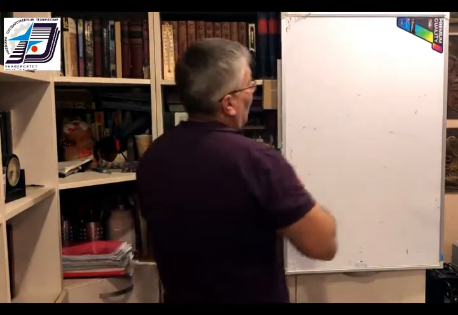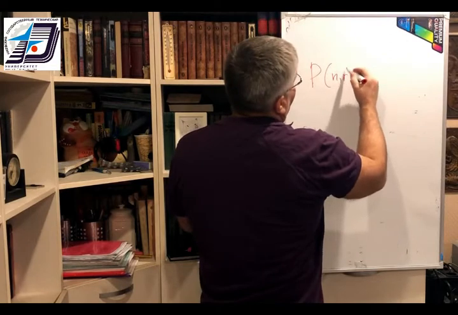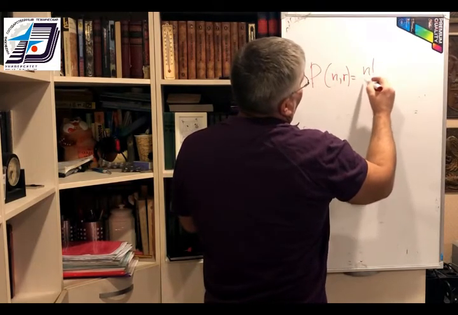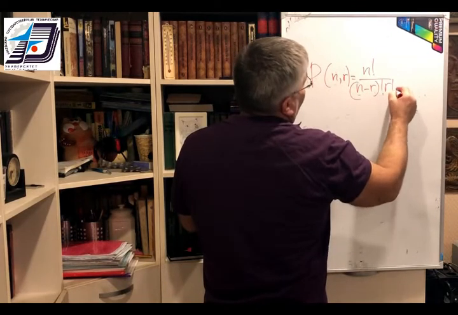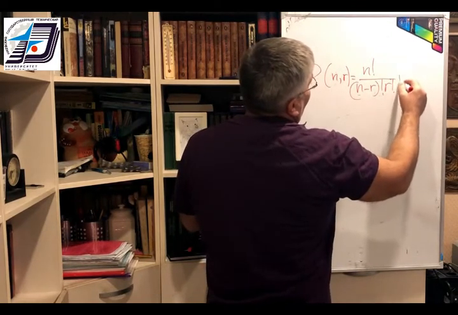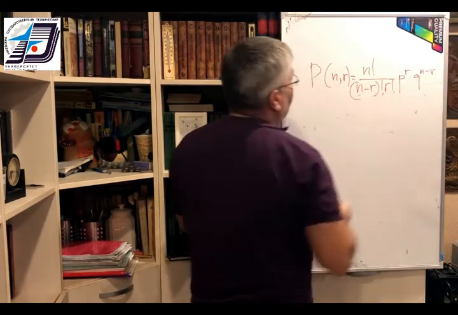So, I have the very last question for you. Look, the probability of r equals n factorial over (n minus r) factorial r factorial, p raised to power r, q raised to power n minus r.